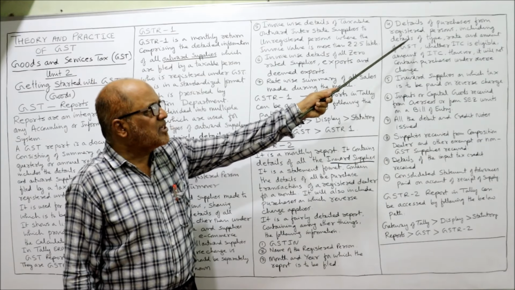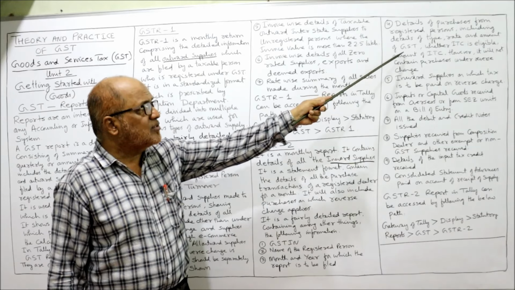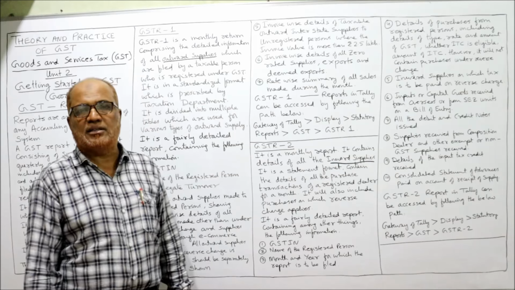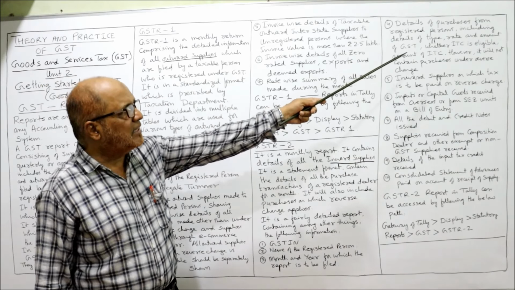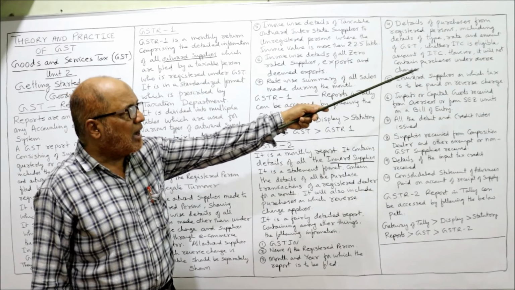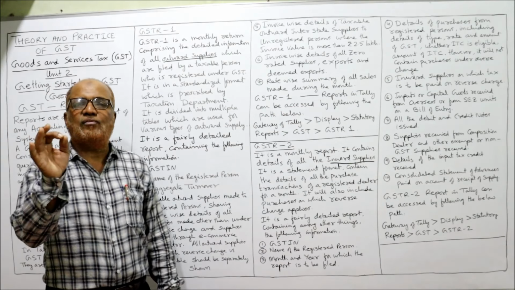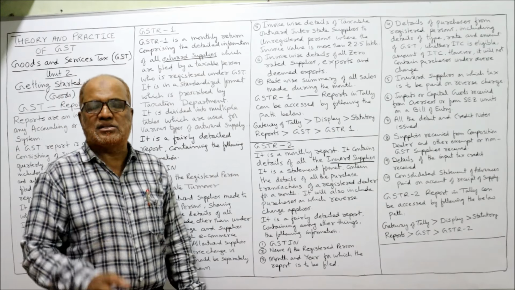Fourth, details of purchases from registered persons, including details of type, rate, amount of GST, and whether ITC, input tax credit, which is the backbone of GST, is eligible, and the amount of ITC. However, it will not contain purchases under reverse charge. These are the details of all purchases made from registered persons.